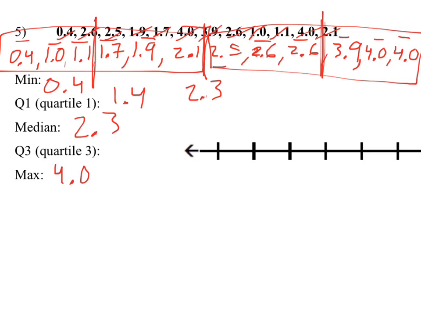If you take 2.6 and 3.9 and you add it together, you're going to get 6.5. So you do 6.5, and you cut that in half, and that's going to give you 3.25. So my third quartile is going to be 3.25. And now we have our 4 numbers.